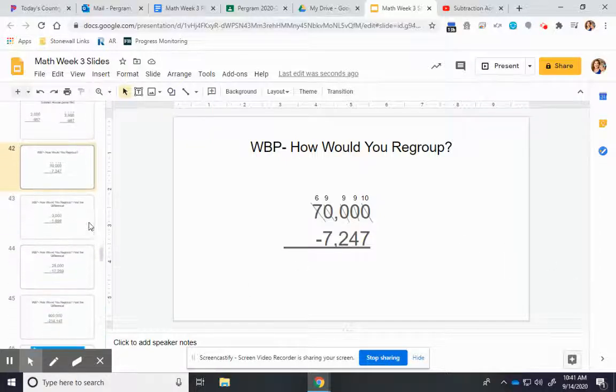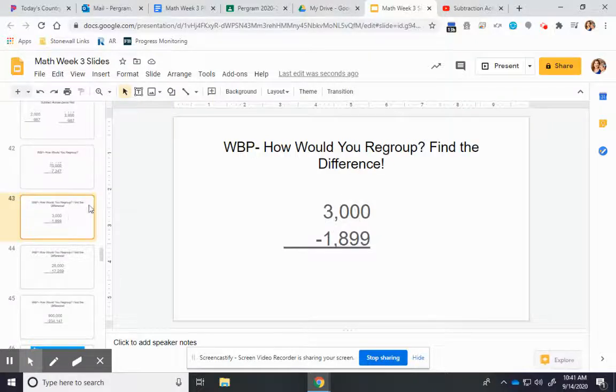So we're going to go down here to our next one. This one, we're going to whiteboard practice regrouping and finding the difference. So we know we're going to need to borrow for all of these numbers. So I'm going to go ahead and mark out all of my numbers because I know I'm going to need to borrow from each one.